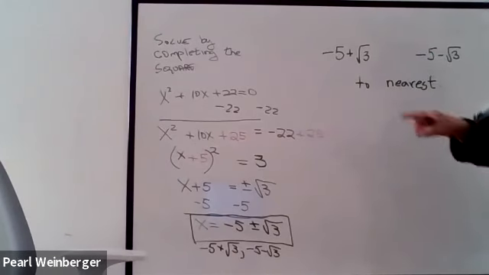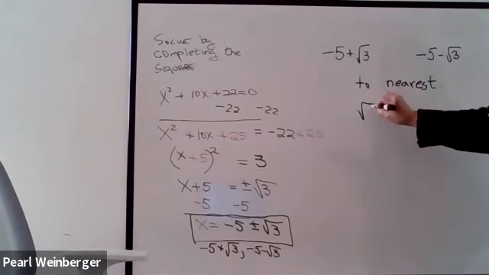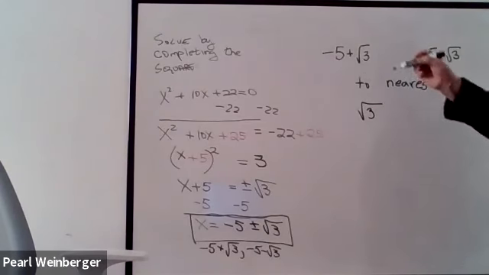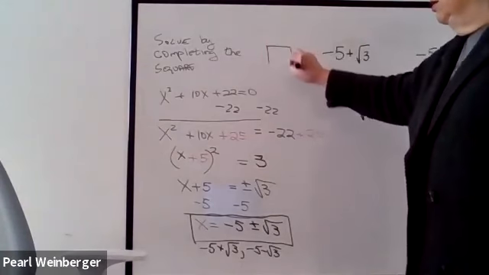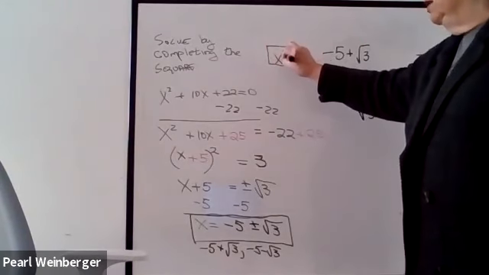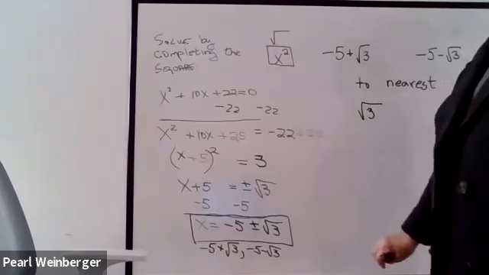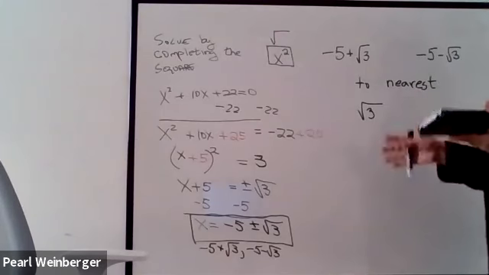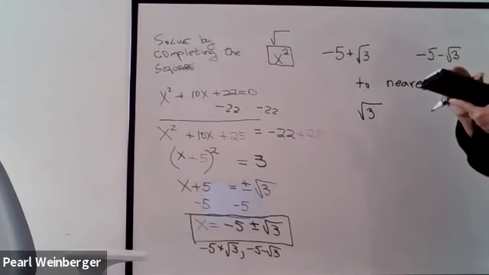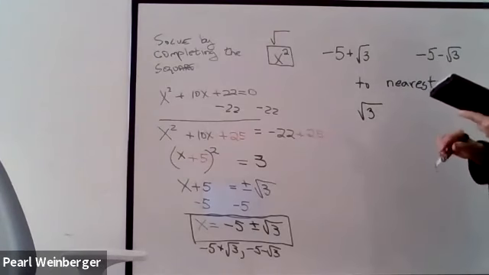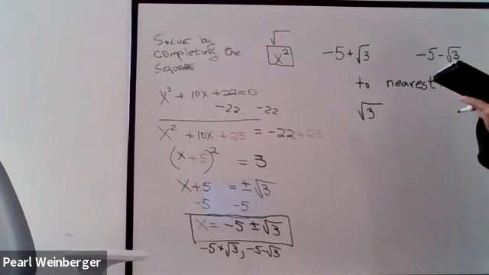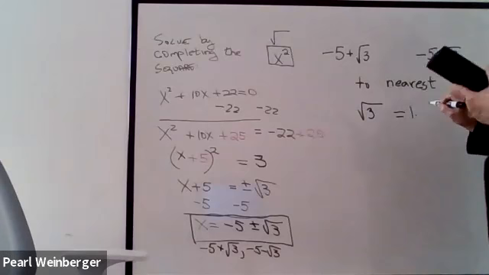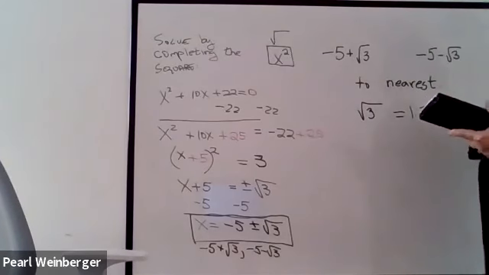Well, that's not too hard if you have a calculator. Go to your calculator and figure out what the square root of 3 is. A lot of calculators have one button that says x squared, and above it the radical sign, which means you have to press the second function button and then press the x squared. So I'm doing the square root of 3, and the number I'm getting, to 3 decimal places, is 1.732.